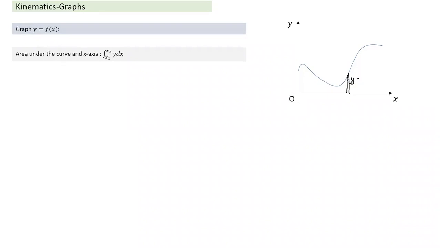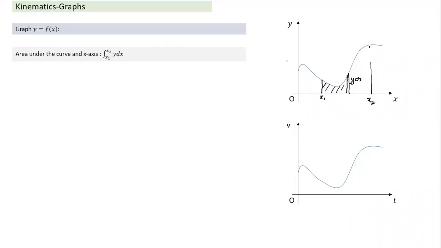This is nothing but y dx. And if I add up all such y dx, we get the area under the curve and the x-axis. This is the equation we know. I am not going to discuss much more. This gives you the area under the curve between these 2 points. If this is x1 and this is x2, if I integrate y dx between x1 and x2, this gives you the area under the curve. Okay, that's what we understand here.